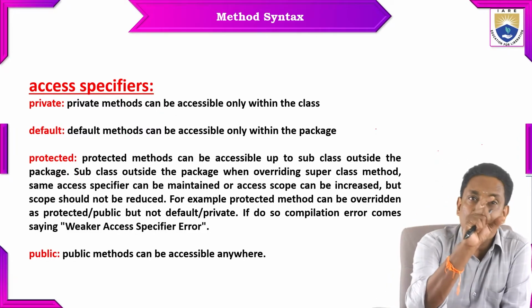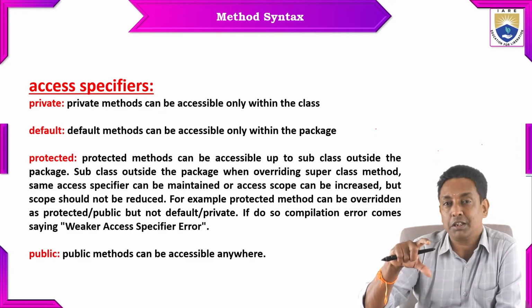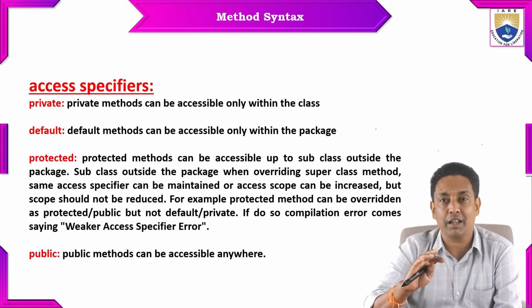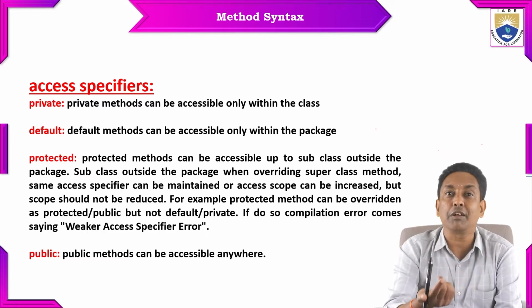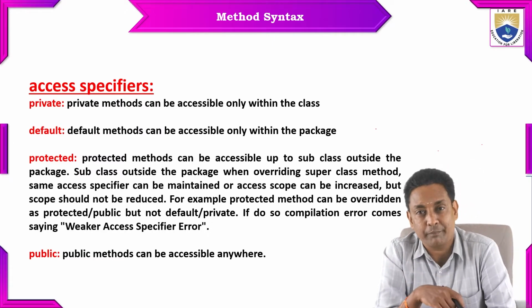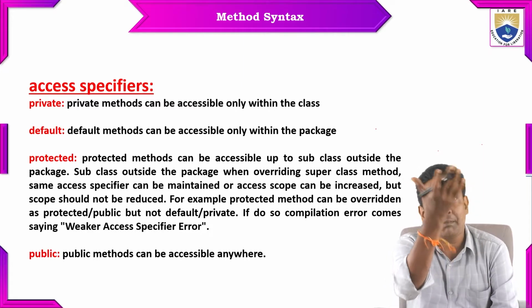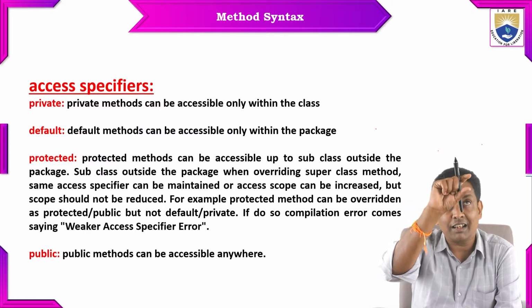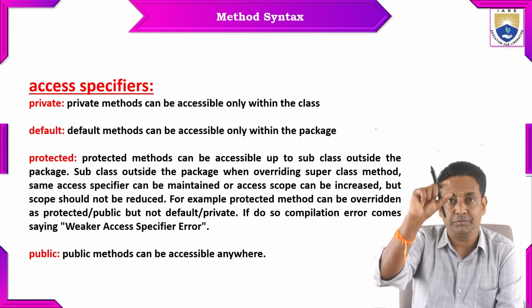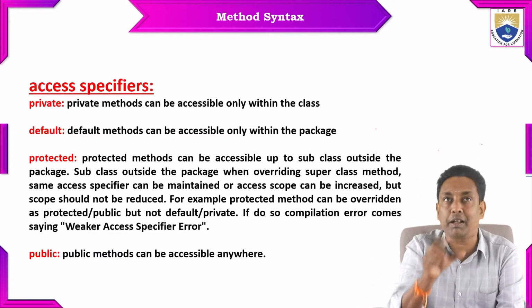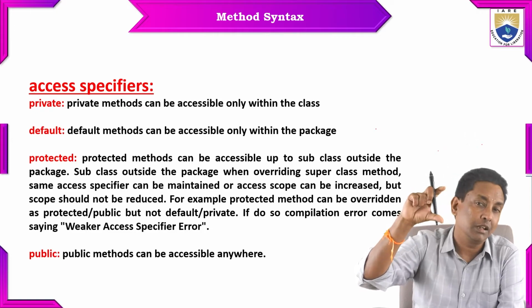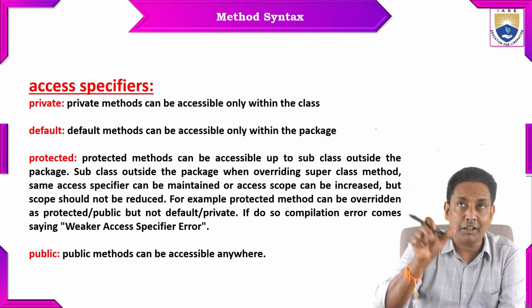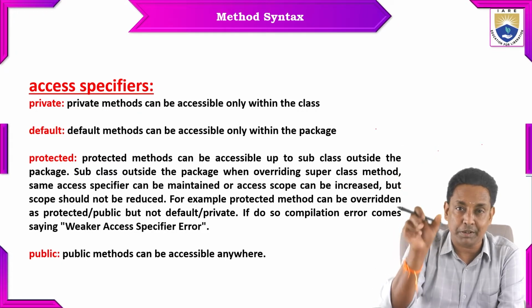So a public class with public methods makes more sense, and a public class with private methods is okay. A public class with default access specifier methods is of no use. If you write a public class with default access specifier methods, then when that class is used within the package, or in a subclass, or instantiated within the package, we can use that default method.